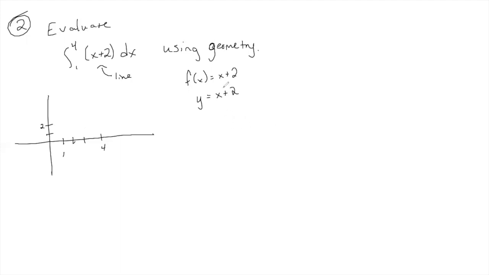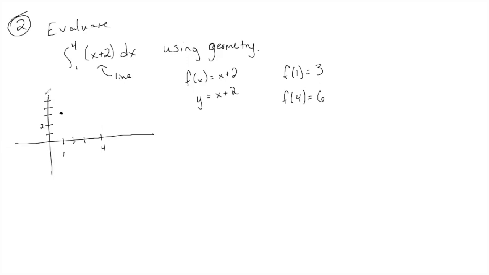And what I need to do now is find out, where do I start and where do I end? So what I have to do is figure out what's f of 1. That's just 3. Okay, so I come over here. F of 1 equals 3. And f of 4 at the other endpoint, I get 6.